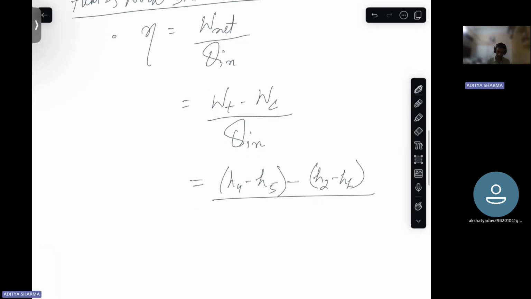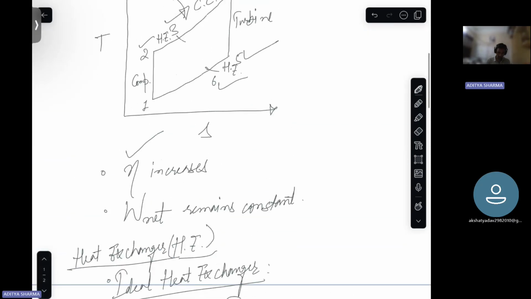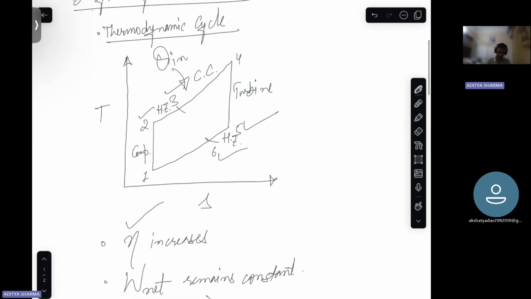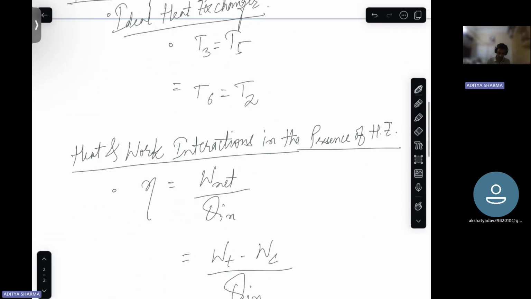So why we subtract compressor work from turbine work? I hope there's no doubt in it. Then if you see the Q in, so Q in here we take the enthalpy at 4 minus enthalpy at 3. If you don't take it, enthalpy of 4 minus enthalpy of 2.